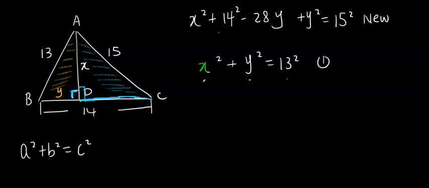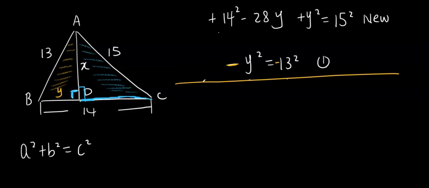I will do some sign changes: minus, and this plus becomes minus, and minus 13 squared. Now, x squared minus x squared, I just eliminated the variable x. y squared minus y squared, we just eliminated y squared. Everything looks really good now.